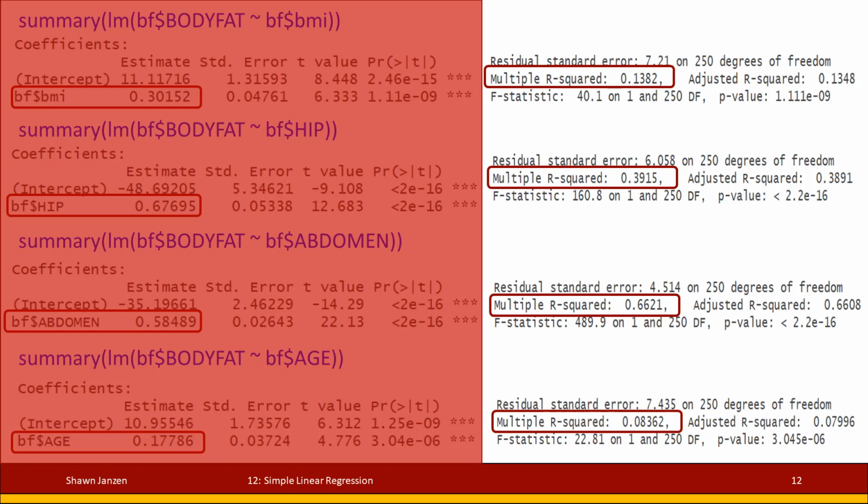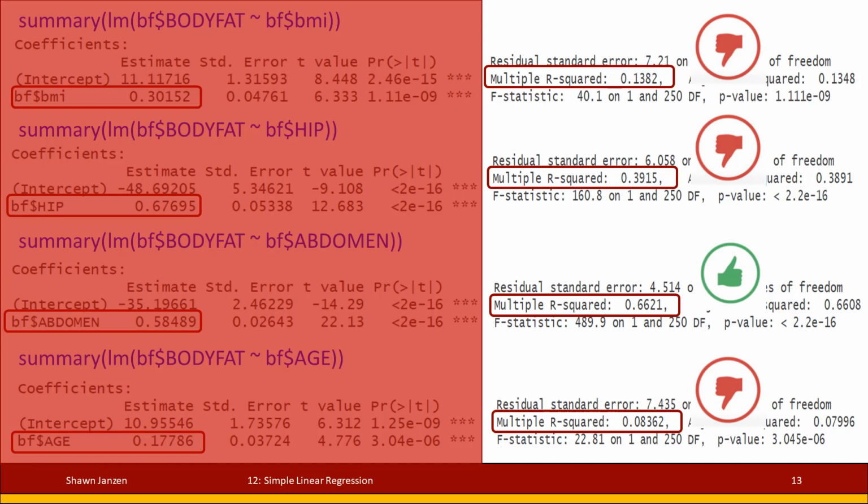The R-squared is a standardized value, and so we can look at them and see, all right, for the BMI, I was explaining about 14%, and for the hip, about 40%, about 68 with abdomen, and about 9 for age. So if I look at these, the one with the highest R-squared is abdomen, which followed along rather closely with what we had with those correlation matrices.